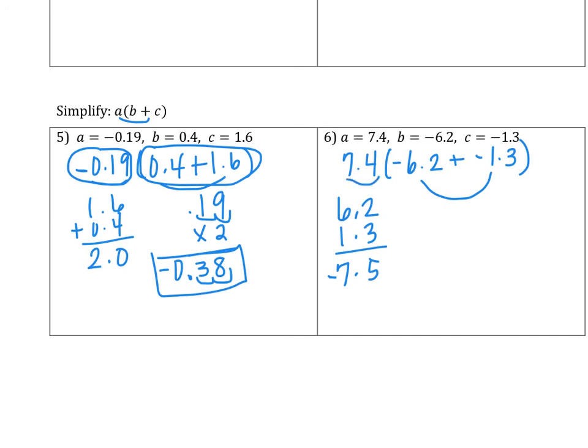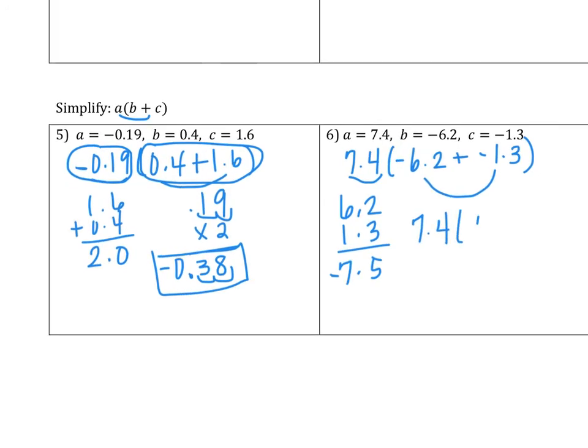So we have 7.4 times negative 7.5. And when we do the math on that, we are going to get 5, 5, 5, 0. Count our decimal places. We have 1 decimal place there, 1 there. That's 2 decimal places. 1, 2. So 55.5. And then we had 1 negative sign. And so our answer is going to be negative.